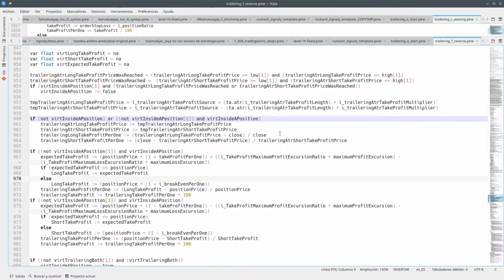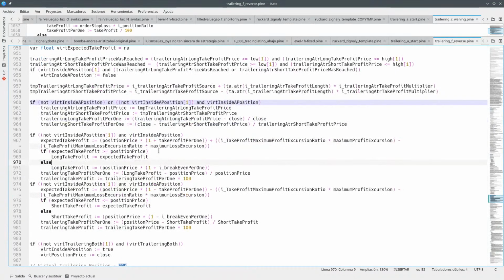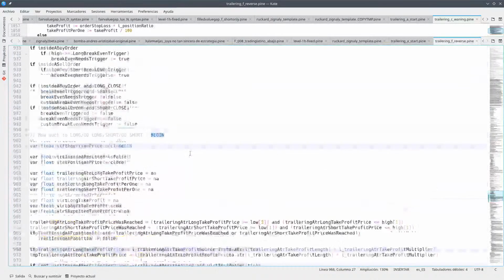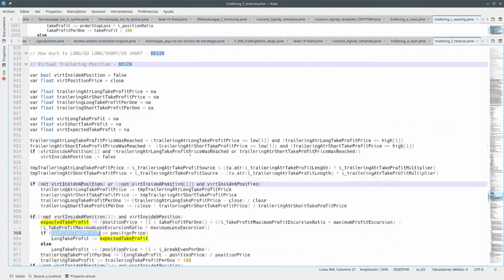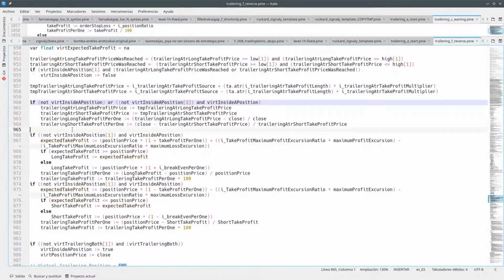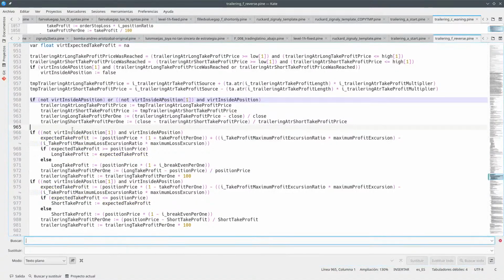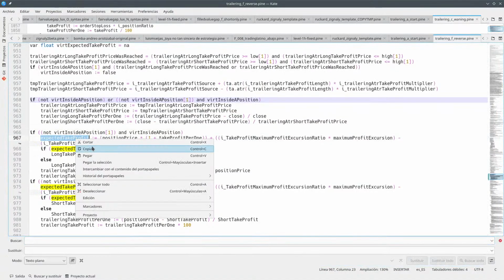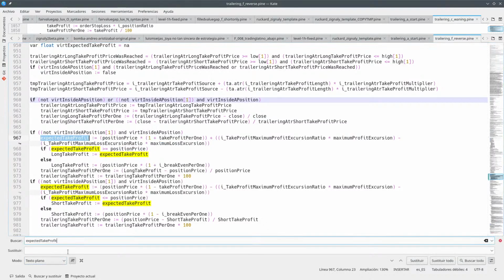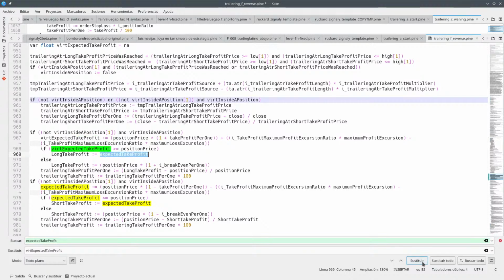So, okay, so expected take profit, now it's virtual expected take profit, because I say so, because this is no longer what we had before, but this is virtual. So let's do it.